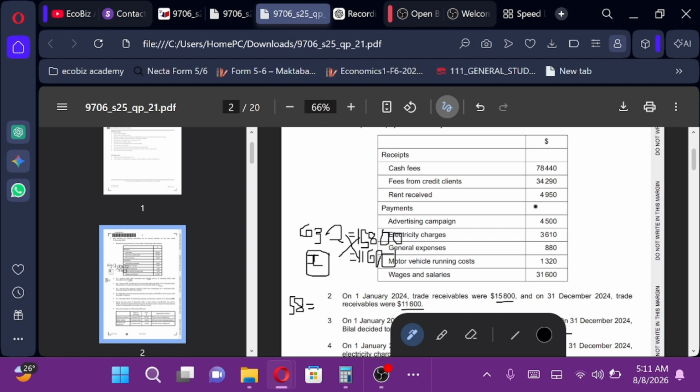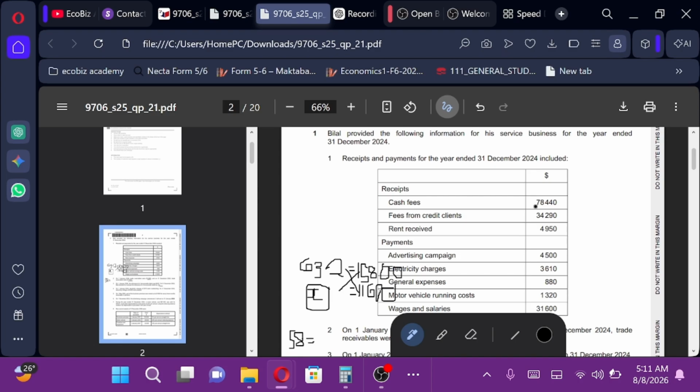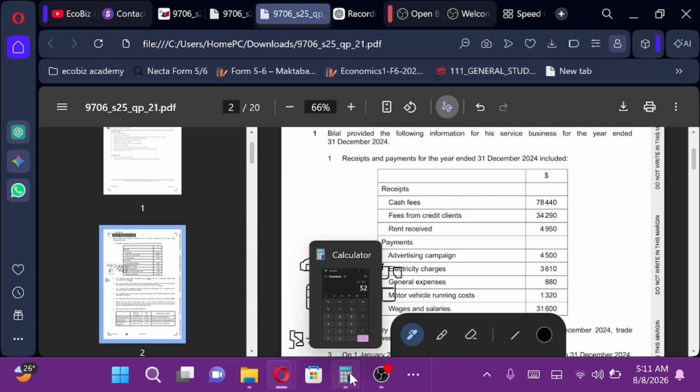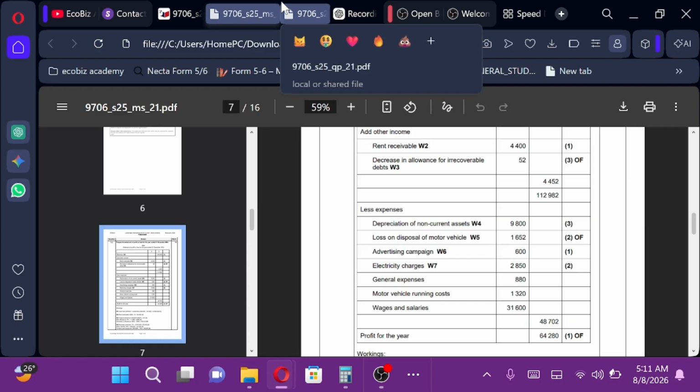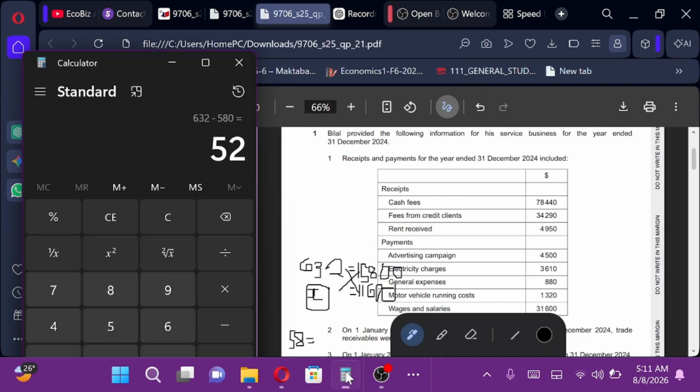So if you remember from the cash fees amount, we had 4,400. So to find the total receipts, we take 4,400 plus 52. What do we get? We get 4,452.